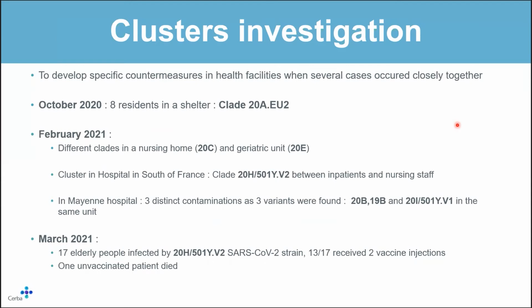Also in February 2021, we showed that there were different clades in a nursing home and geriatric unit, which was the causative infection for residents. In Mayenne Hospital also, 3 distinct contaminations with 3 variants were found.